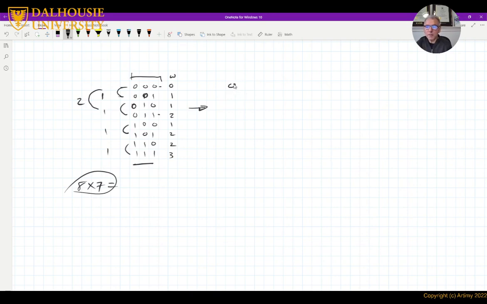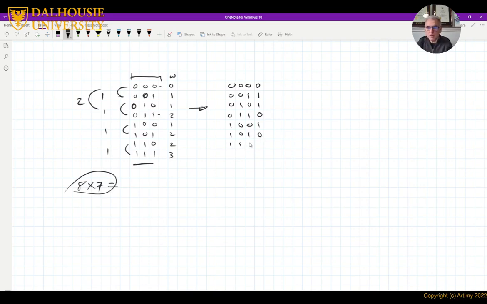So here we have 0, 0, 0, and we add a parity bit, so we add 0. Then we have 0, 0, 1, we add a parity bit, so we add 1. 0, 1, 0, we add a parity. And 0, 1, 1, we add parity. 1, 0, 0, we add parity. 1, 0, 1, we add another parity.